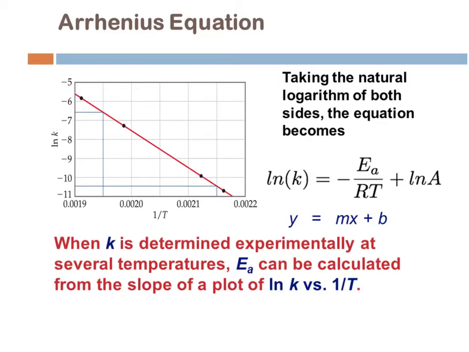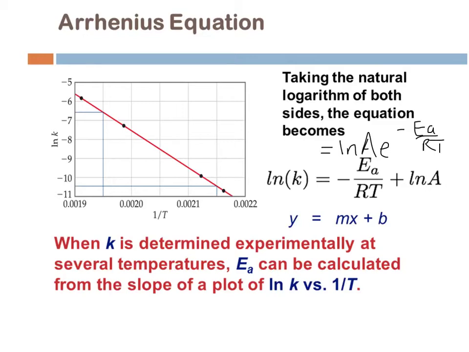If we take this equation and take the natural logarithm of both sides, the equation would become ln of K is equal to, and you should try this on your own, ln of A times e to the negative Ea over RT.